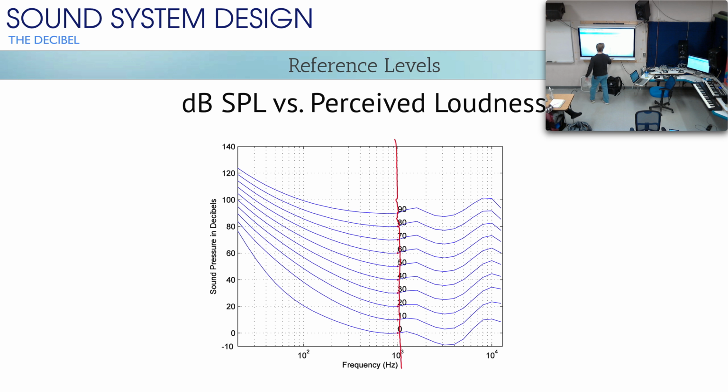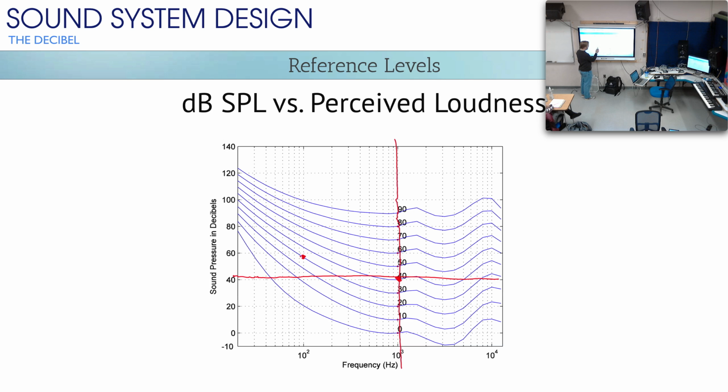So let's say for 40 dB SPL, which represents some sort of actual pressure level compared to 20 micropascals, 1 kilohertz would be 40 dB SPL. However, for 100 hertz to sound as loud as 1 kilohertz sounds at 40 dB SPL, 100 hertz has to have, in reality, a higher pressure.